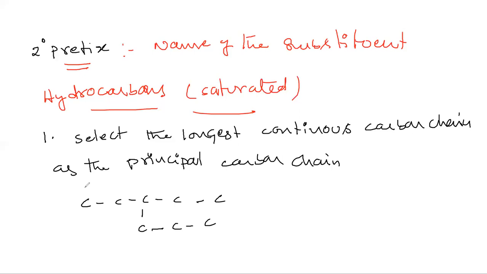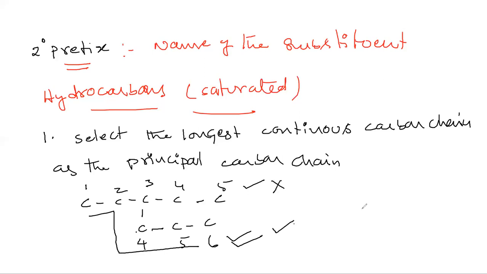Suppose this is my parent chain, numbered 1, 2, 3, 4, 5. This has only 5 carbons. Instead, if I number 1, 2, 3, 4, 5, 6, like this I am getting 6 carbons. So the maximum number of carbons is in the numbering like this. So this is not the parent chain and this is the parent chain. Like this we have to choose the parent chain.